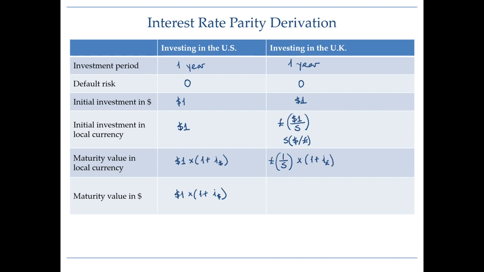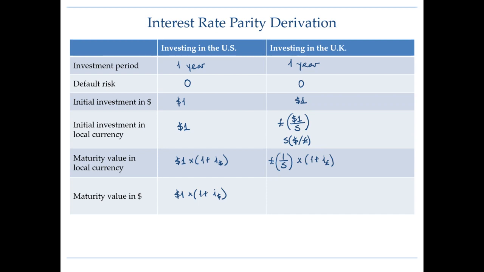Then the maturity value in dollars is obtained when we convert this amount into dollars. Since we do not want to deal with exchange rate risk and we do not know what the future spot rate is going to be in 1 year's time, what we will do is upfront, at the outset of getting into this investment, we will hedge our exchange rate by selling this amount forward at the forward rate.